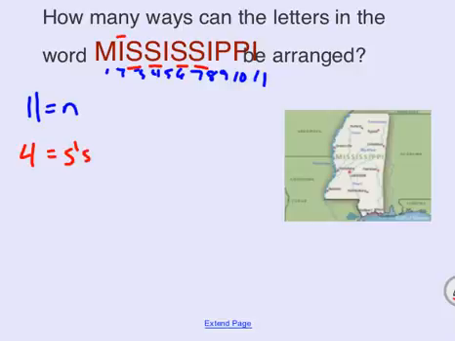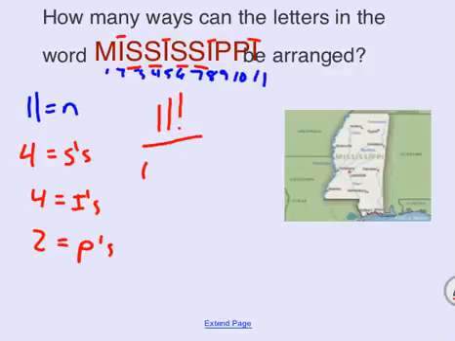There is 1, 2, 3, 4 P's. And looks like 2 P's. Excuse me. This is 4 I's. So what we would do is go 11 factorial divided by 4 factorial, 4 factorial, 2 factorial.